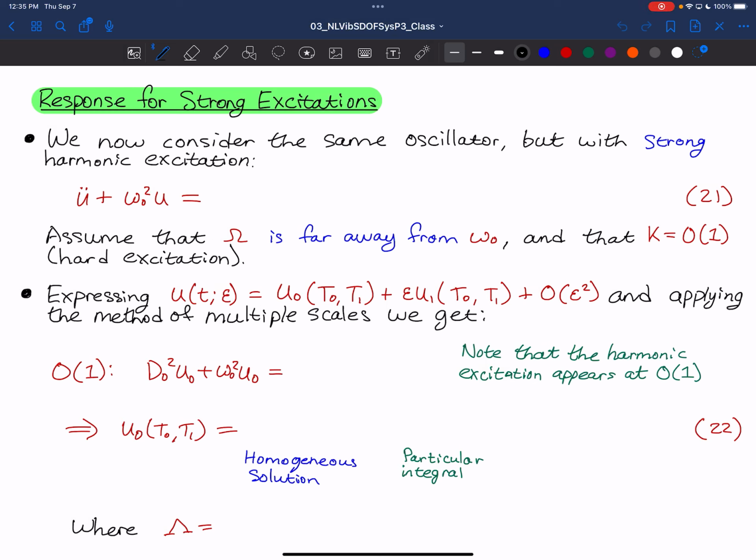Okay, so we're going to consider the system u double dot plus omega 0 squared u equals minus 2 epsilon c u dot minus epsilon alpha u cubed plus, and this time we're going to have big K times the cosine of omega t.